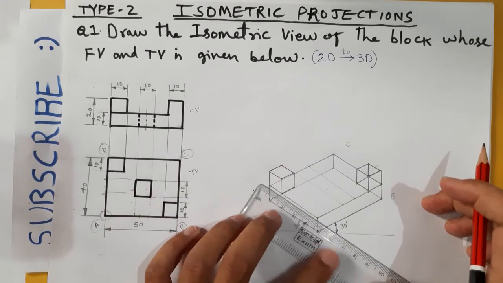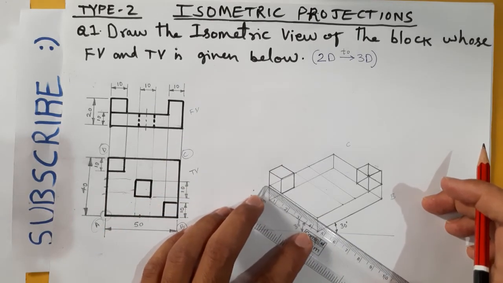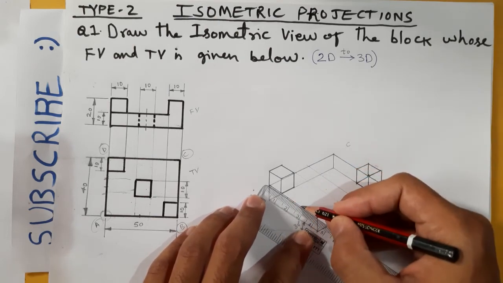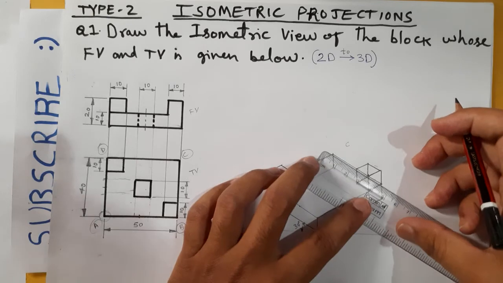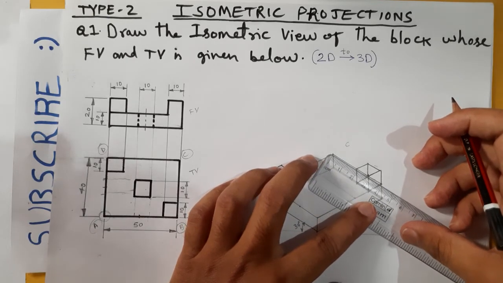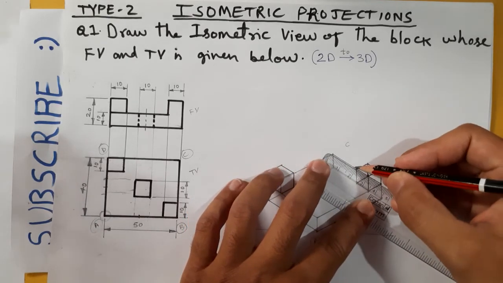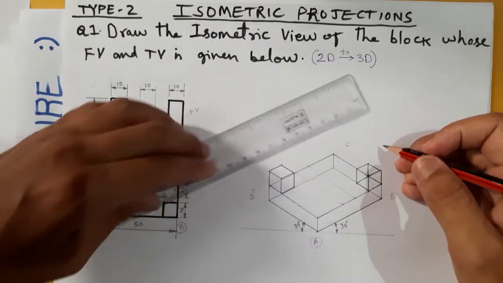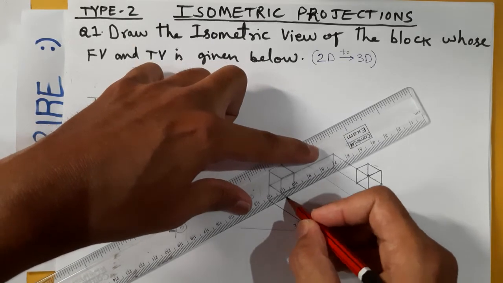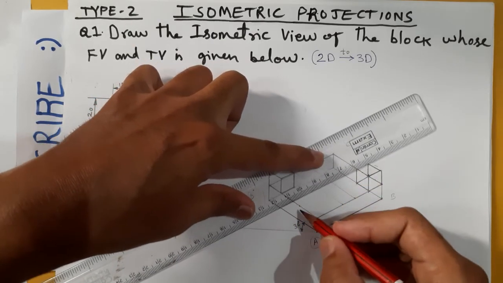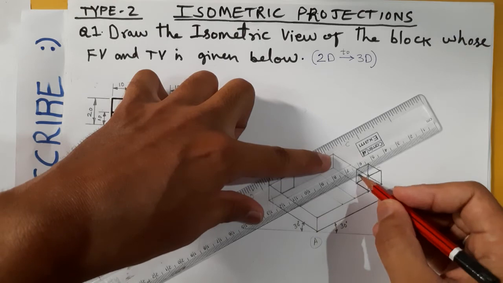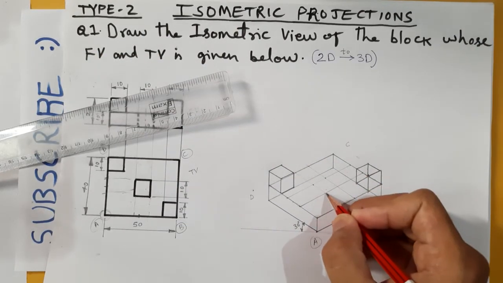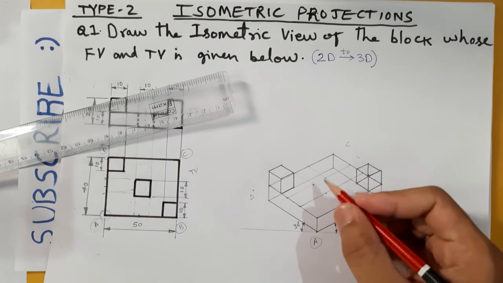Then this side, if you see, total 40 width, center is 20, 5 mm here, 5 mm here. Here also join like that, same procedure. So like this we have got the dimensions of the hole 10 by 10 here. Like this we have located at the center.